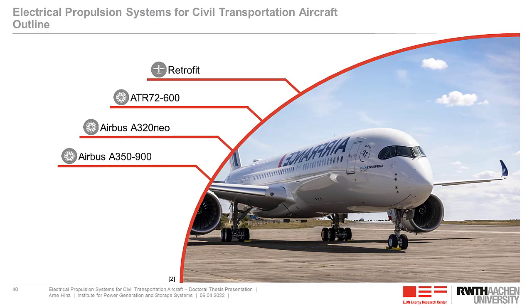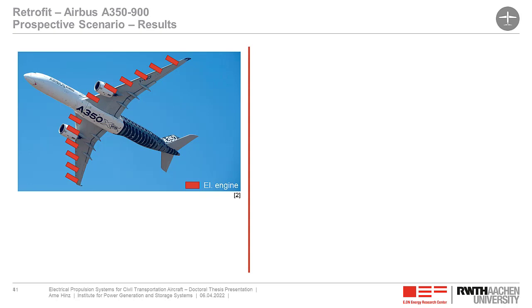Regarding the Airbus A350-900, we replace a Trent XWB-84 turbofan engine with 6 electrical engines, and each of these engines will provide 12 megawatts of propulsion power.